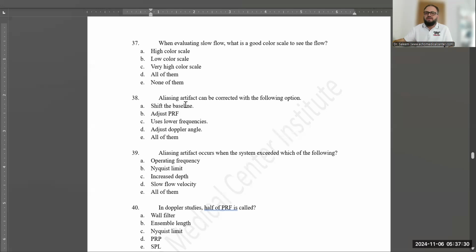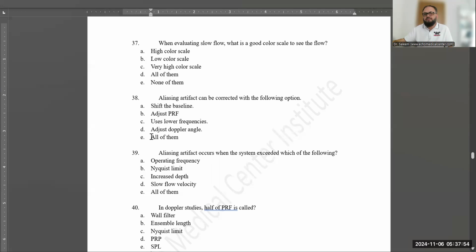All right. Aliasing artifact can be corrected with the following option. If there's an aliasing artifact in your picture, what should you do from these options to correct that? Is it shift the baseline down? Is it adjust the PRF? Is it use a lower operating frequency, just decrease it?